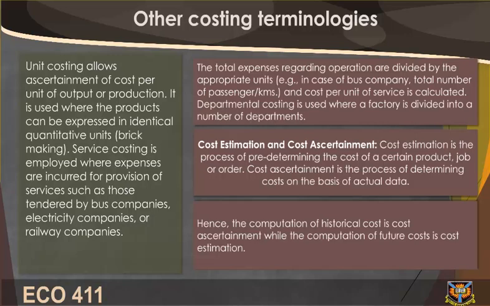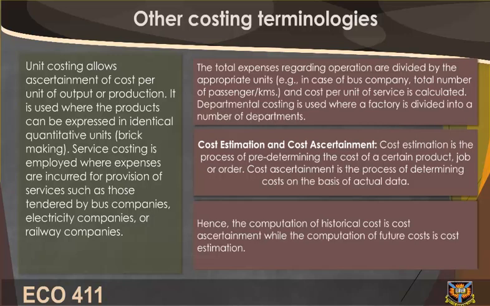The total expenses regarding operation are divided by the appropriate units. For example, in case of a bus company, total number of passengers or kilometers, and cost per unit of service is calculated. Departmental costing is used where a factory is divided into a number of departments.